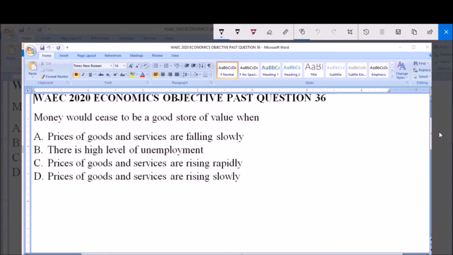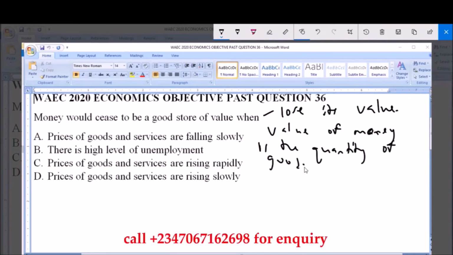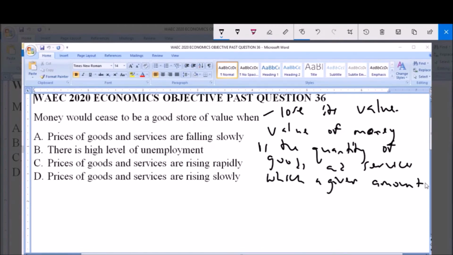Now, this question is basically asking what will make money lose its value. And the value of money is basically the quantity of goods and services which a given amount of money can purchase. Now, this is the rule of thumb concerning the value of money.